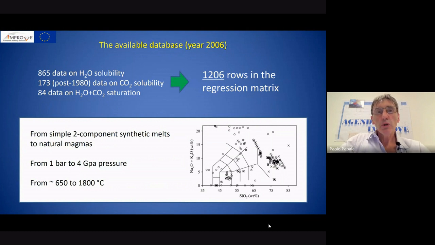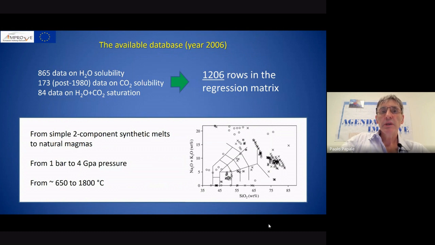However, altogether, they make a regression matrix with more than 1,200 entries, which will turn out to be more than a factor 40 greater than the number of estimated model coefficients. We are particularly interested in a model capable of accounting for the compositional variability of silicate mass.